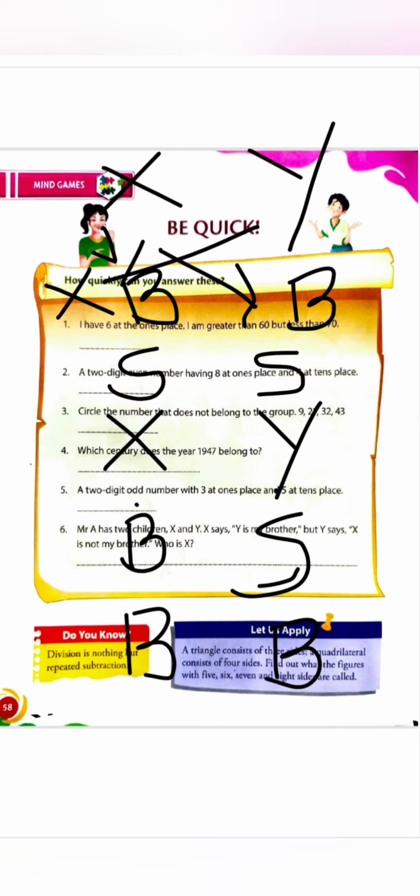In this question, X says Y is my brother, and Y says X is not my brother. So our first probability is right for question 6, because X is the sister of Y. X is the sister. Right, kids? I hope all of you understood.